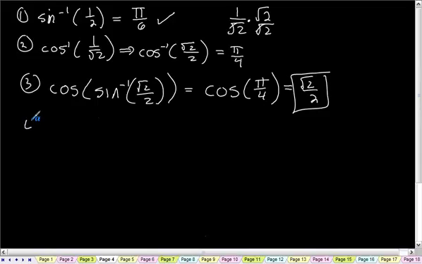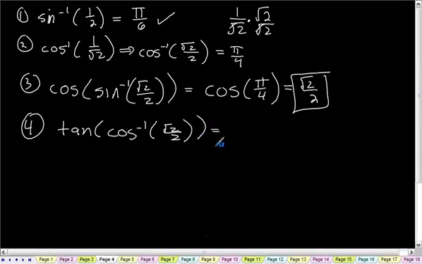For number 4, we have tangent on the outside. Inside the parentheses, I have the inverse cosine of radical 2 over 2. Well, we first do the inside parentheses. The inverse cosine of radical 2 over 2.